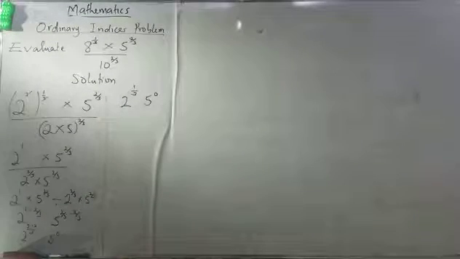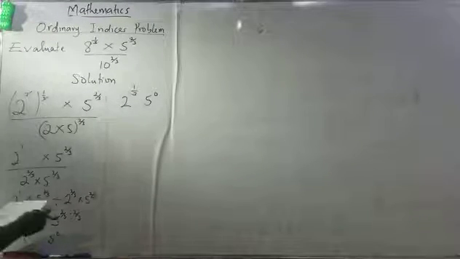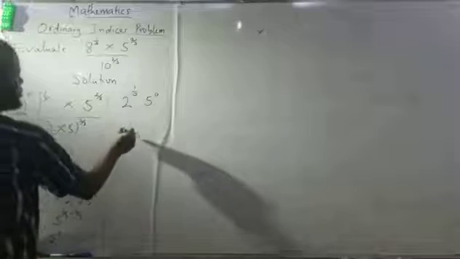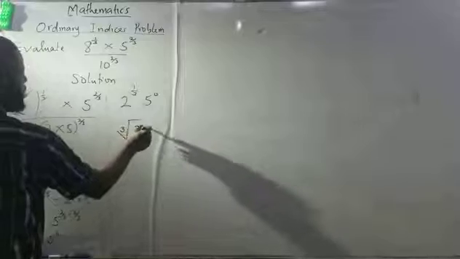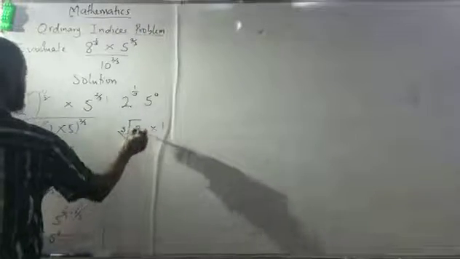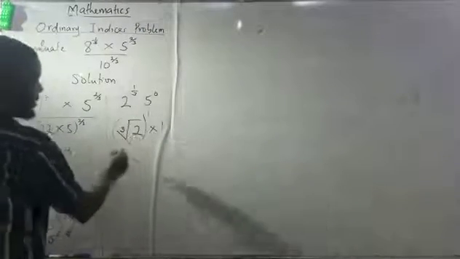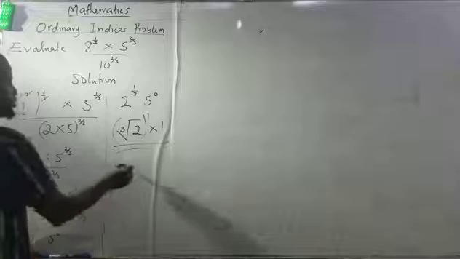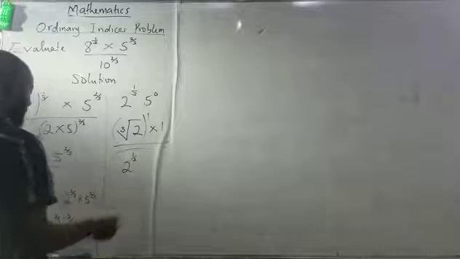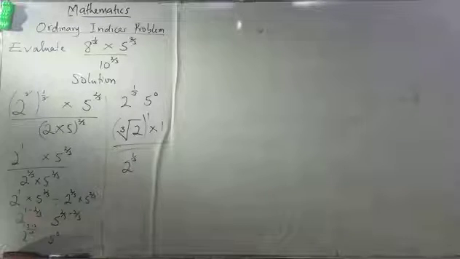Any number raised to power 0 is 1, you should know, except 0 itself. Now, it will be 2 multiplied by 1, which is in bracket of 1. You can leave it like this, or the answer can also be 2 raised to power 1 over 3. Anyhow you want to do it, you are good to go.